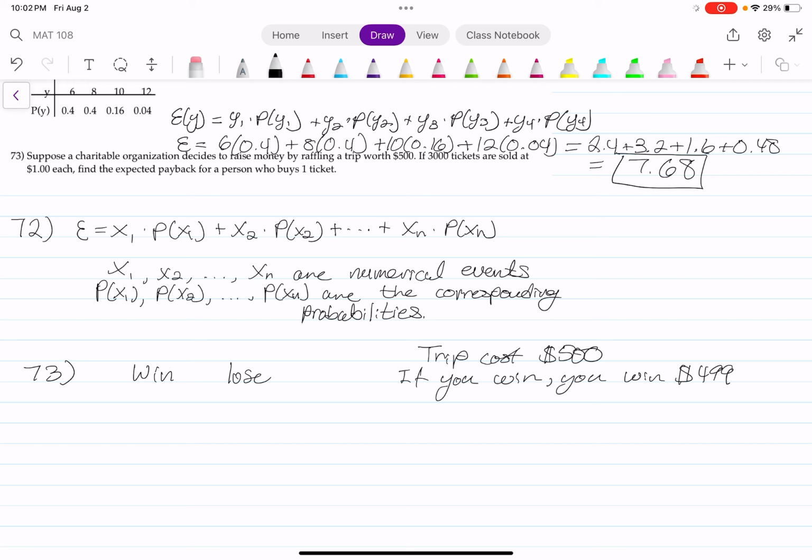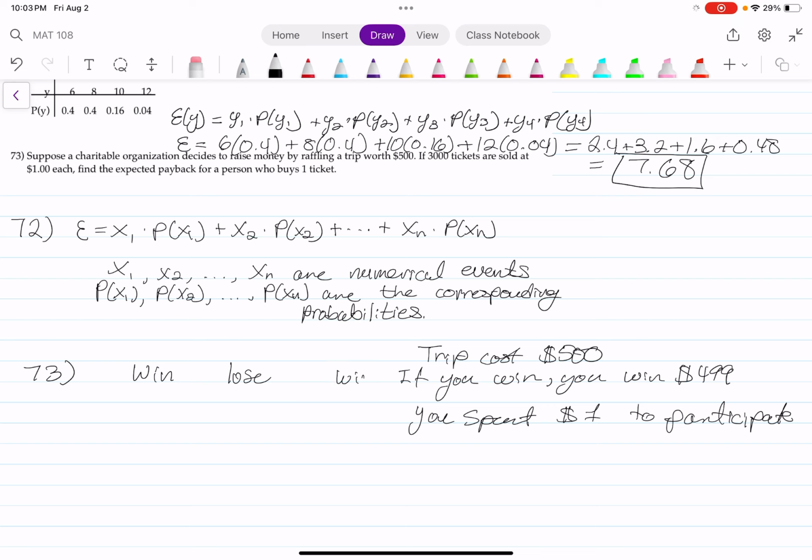Because remember, you spent $1 to participate. You profited $500. Rather, you received $500. Your profit was $499. You are leaving with something that is $499 more than what you came in with. That is if you win.